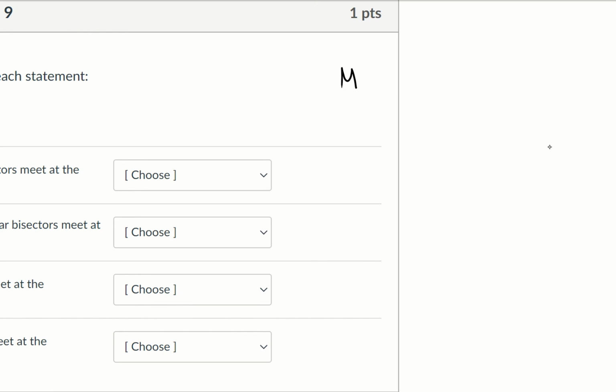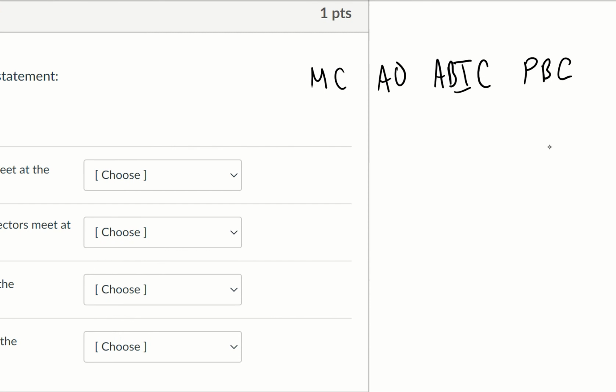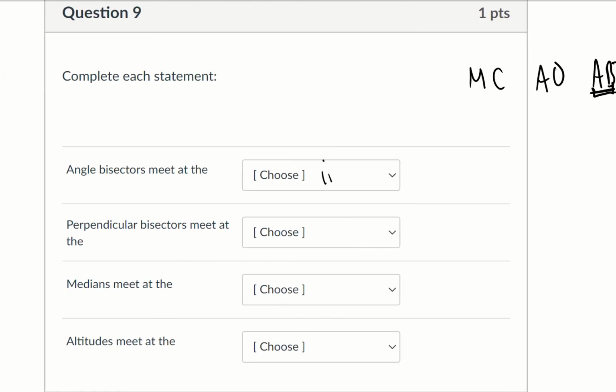If you remember, my cousin always owes Anna banana ice cream, probably before Christmas, right? So we know that angle bisectors meet at the incenter. They always meet at the incenter.